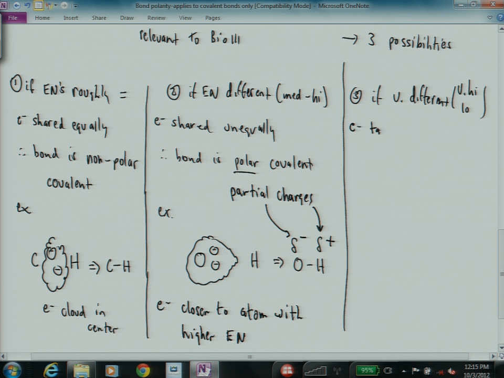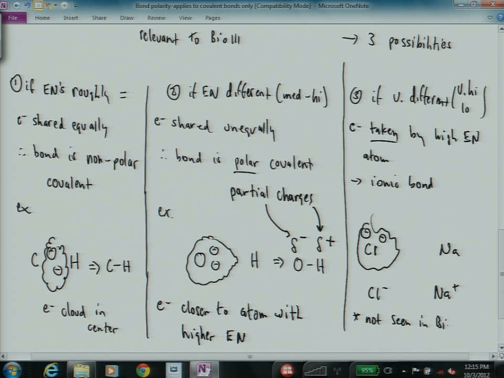In the case of chlorine, it's actually got the 2 electrons just around it, and the sodium has no electrons around it. And this is really Cl minus and Na plus. It turns out these are not seen in Bio 111, but they're there for reference.